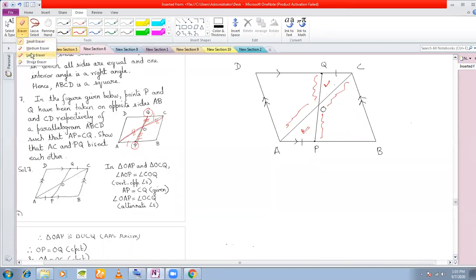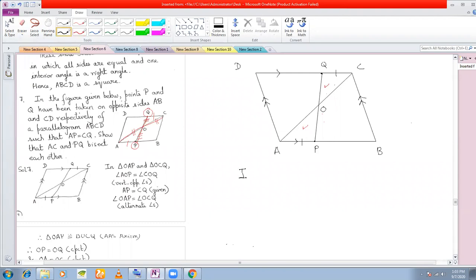This is very similar to the proof where you have to prove that the diagonals of a parallelogram bisect each other. So this proof will be useful for you. We will proceed to prove that these two triangles are congruent. Let's see how to prove.